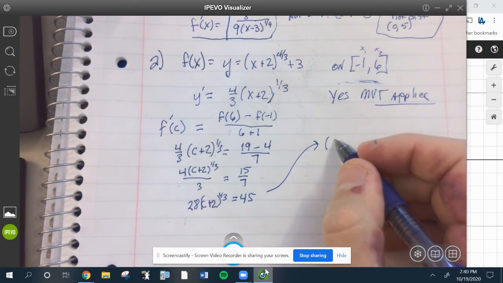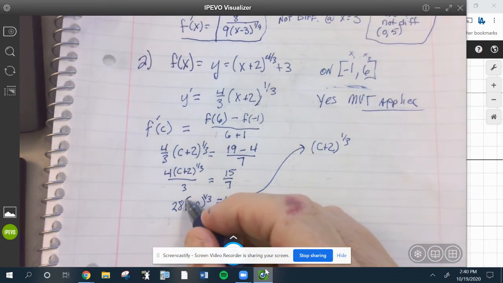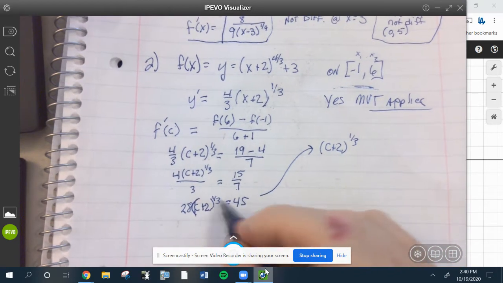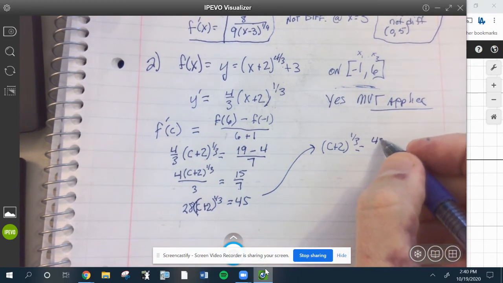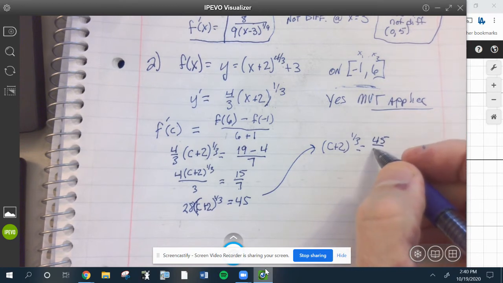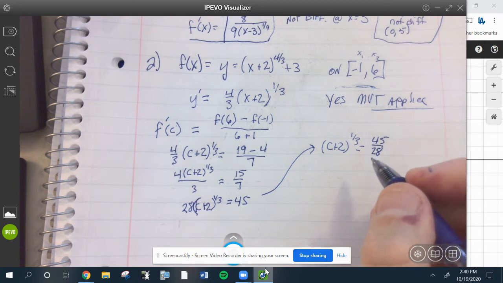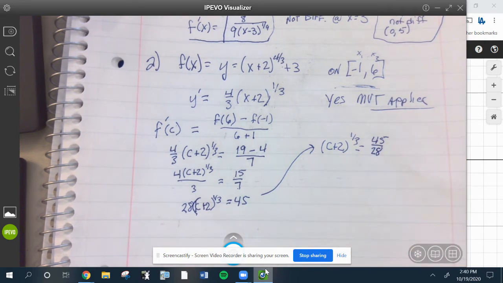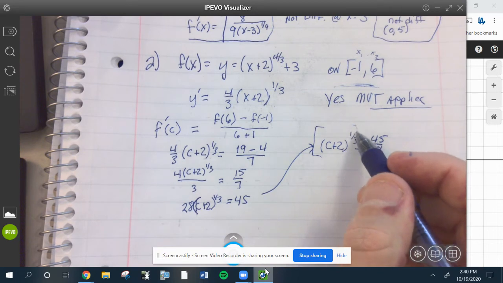So we have 28 times (c plus 2) to the 1/3 equals 45. I'm solving for c, remember, so I'm trying to get everything away from it. So I'm going to divide both sides by 28, giving 45 over 28. Then I'm going to probably use my calculator here because now things are going to start getting ridiculous. To get rid of this 1/3, you're going to raise both sides to the 3rd power.